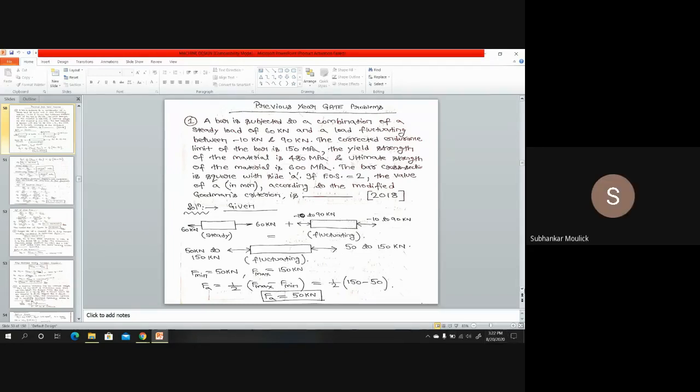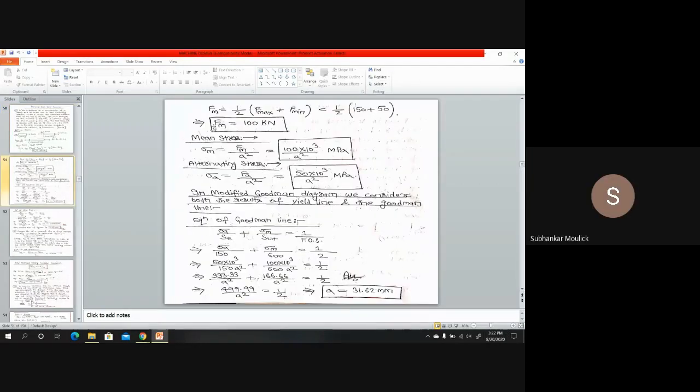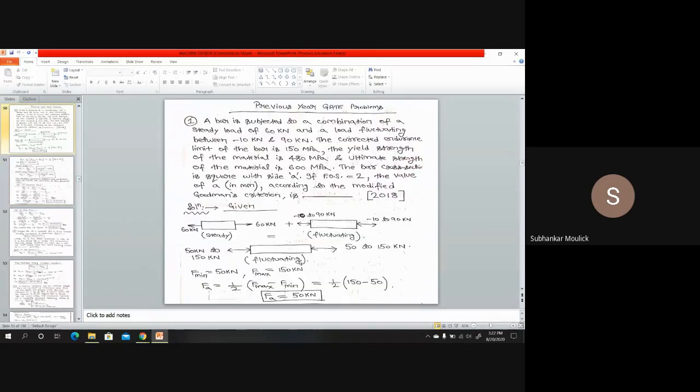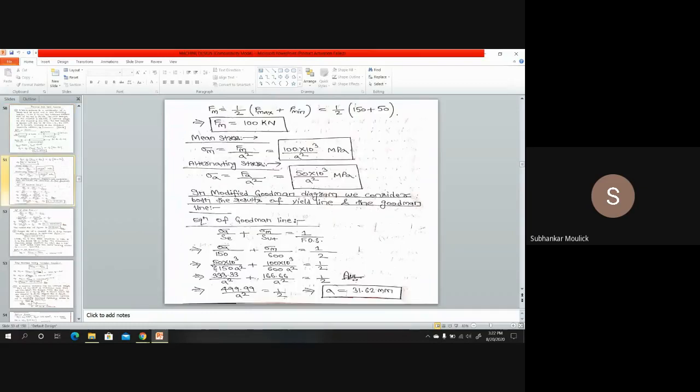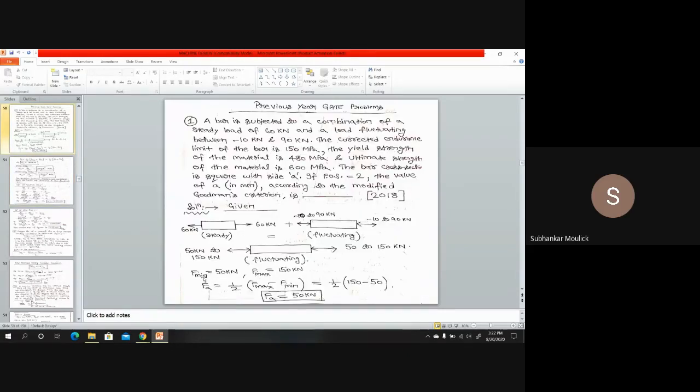Similarly, I can calculate the mean load acting in the component. That mean load will be half times of F max plus F min. F max is 150 and F min is 50. So it is 100 kilonewton. Mean load is 100 kilonewton and alternating load is 50 kilonewton.